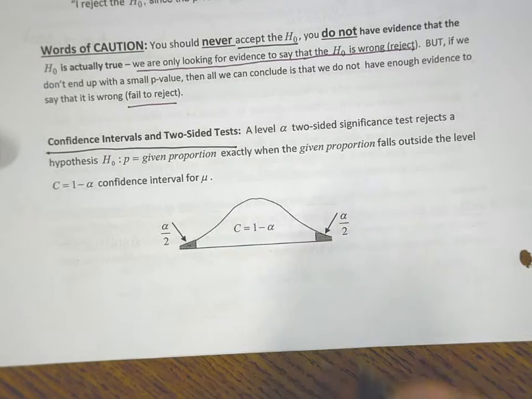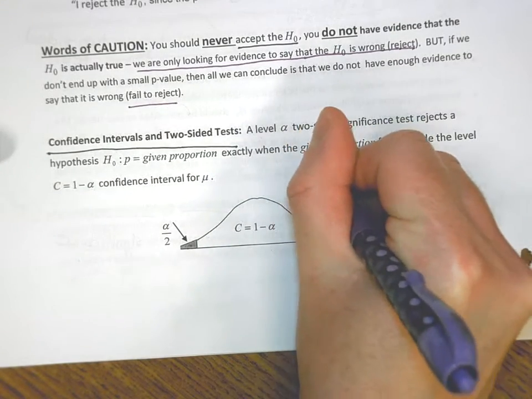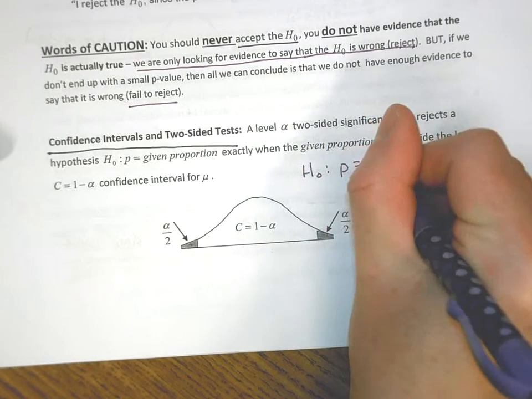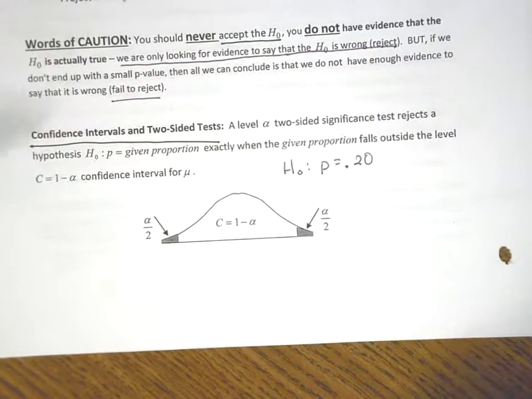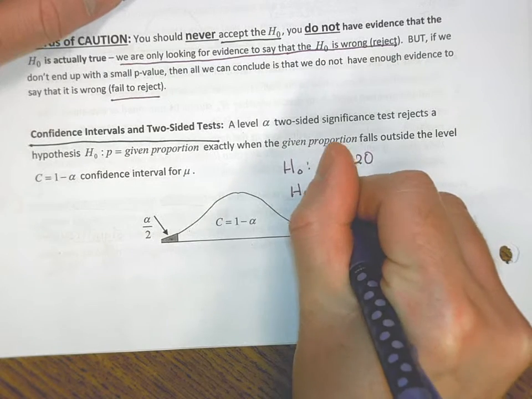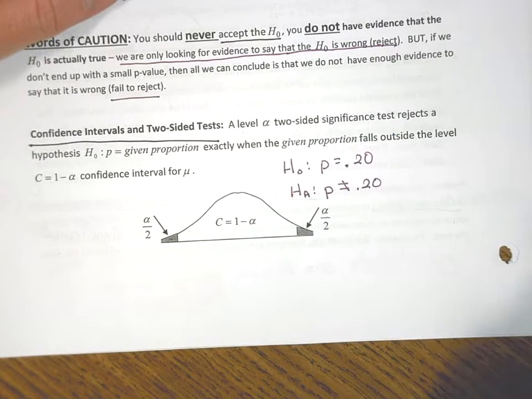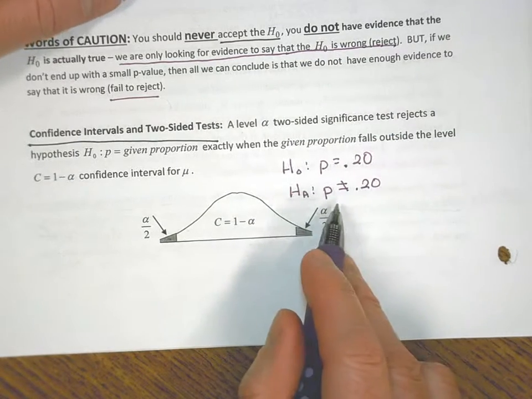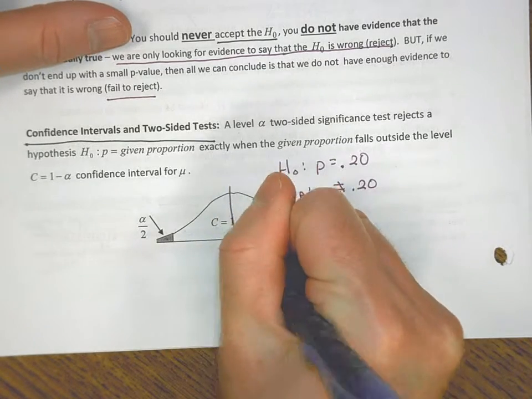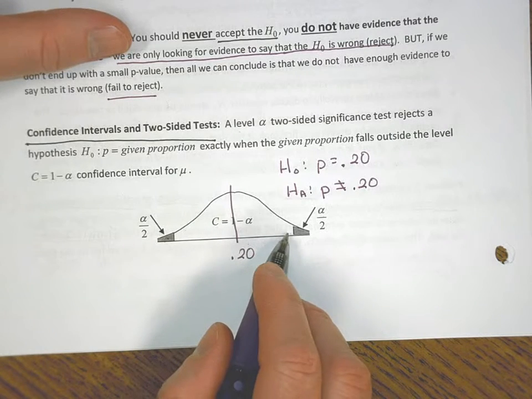In other words, if I have a null hypothesis that p equals, we'll just use the Skittles example, 0.20, for an alternative of p not equal to 0.20, I'm either going to end up with a sample result that causes me to shade below the mean of 0.20 or above the mean of 0.20.